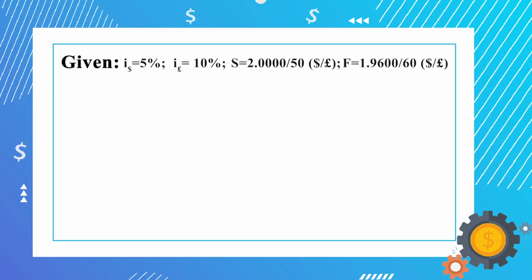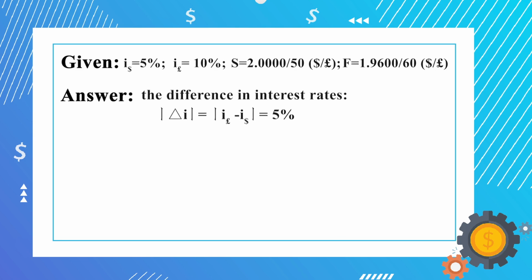Forward rate equals $1.9600/60 per pound. Then the difference in interest rate, the absolute of delta I, equals the absolute of interest rate of pound minus interest rate of dollar, equals 5%.